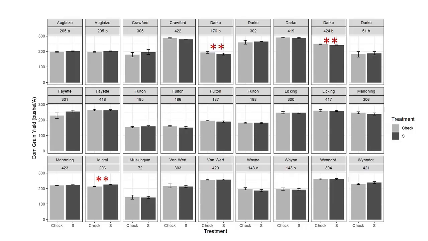Each little box is a county where we conducted this trial, and we see some effects, some response, but not necessarily in the plots receiving sulfur. For instance, in that 178D, that's this site right there where we see the significant increase, the control is actually higher than the sulfur treated.